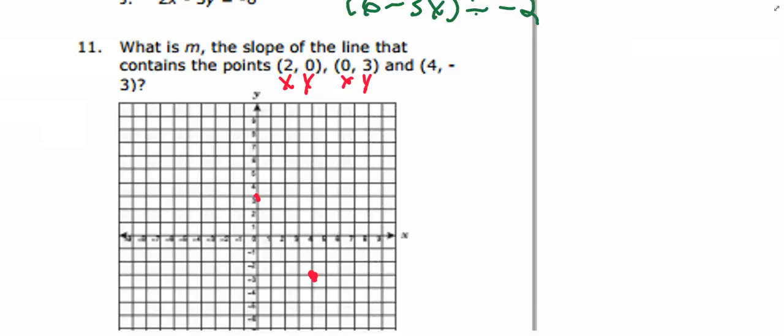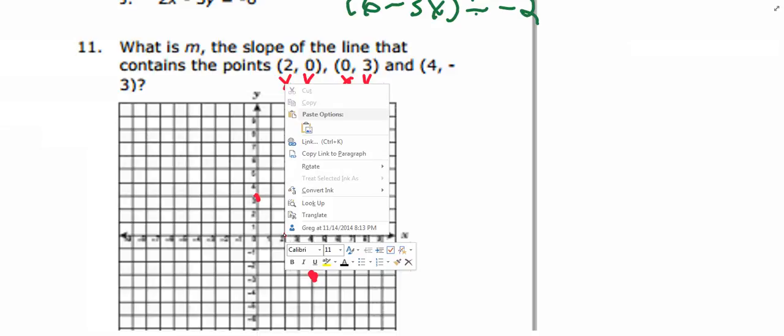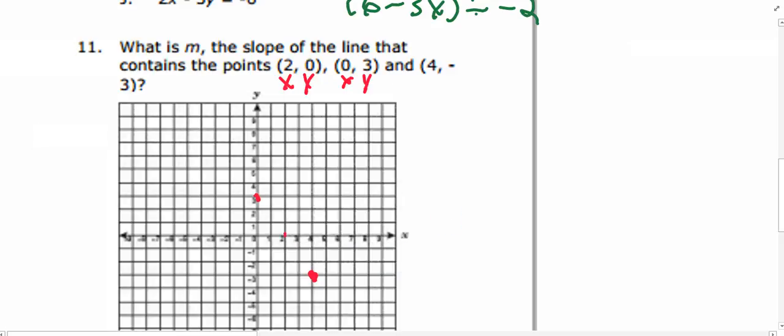Let's put that other point back on. 2, 0. Anyway, my point was, if you draw a line through there, and I'll just draw with a pen, it's going to go down. As you move from left to right, it's going down, so this indicates a negative slope.